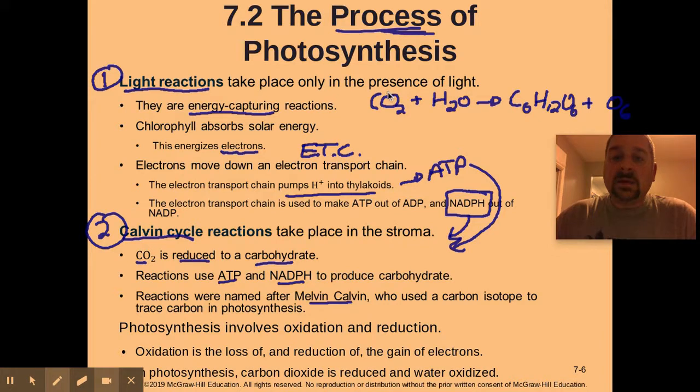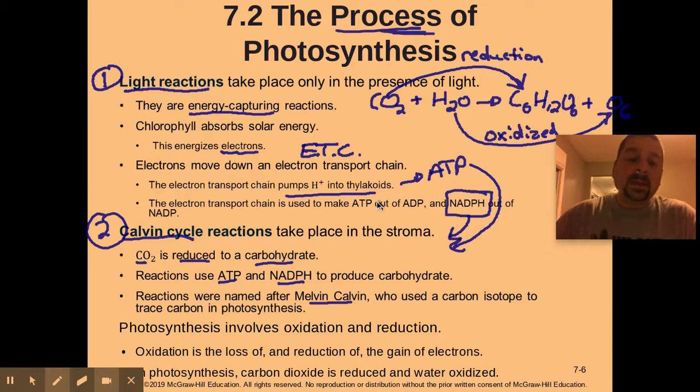Remember, CO2 is reduced into a sugar, whereas water is going to accept those electrons, and water is going to be oxidized into O2. So there you have your oxidation and reduction happening here.